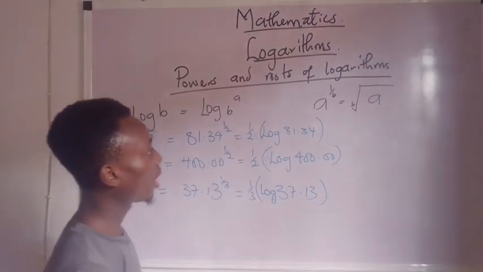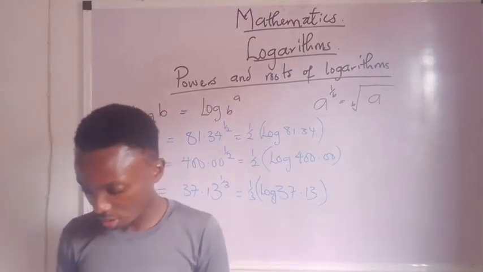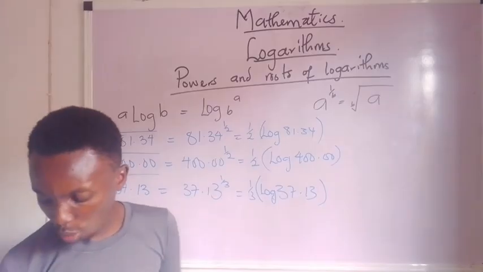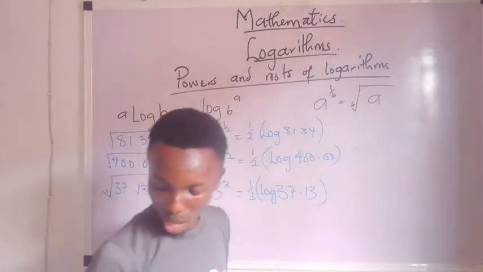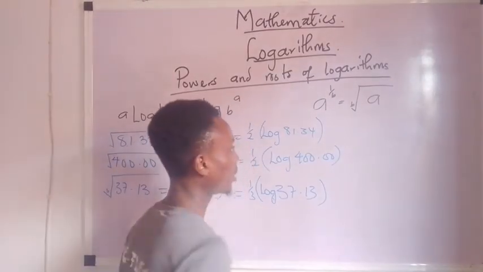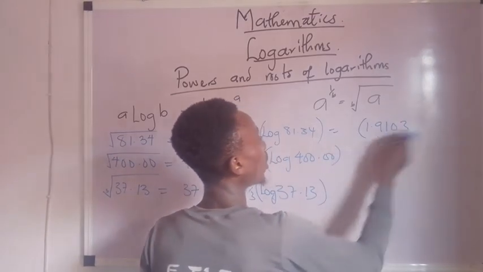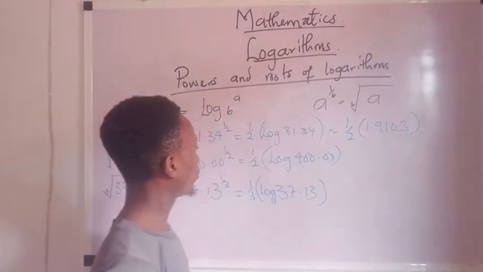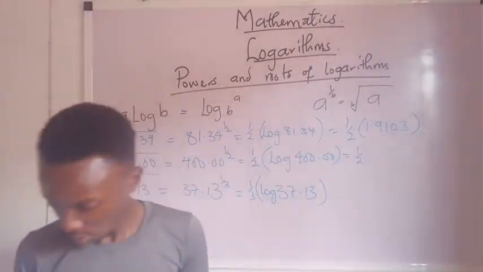Very quickly, we've checked our logarithm table. If you remember, when I was teaching you how to convert from numbers to logarithm, the logarithm of 81.34 is 1.9103. We multiply it by this fraction, then we multiply this one by this fraction also.